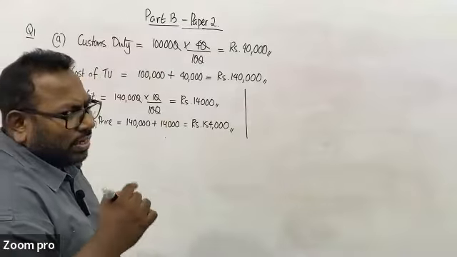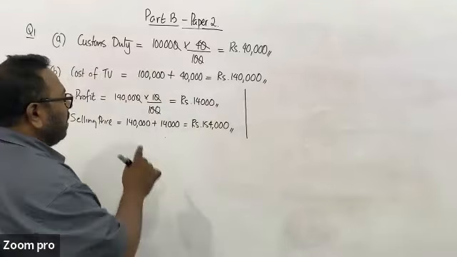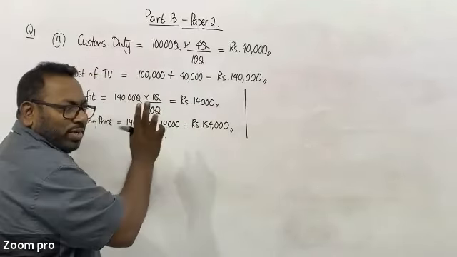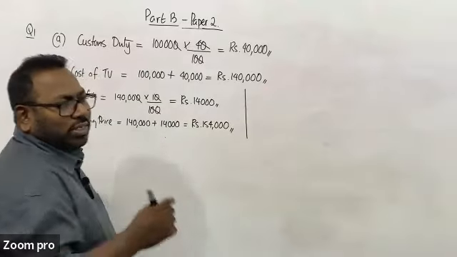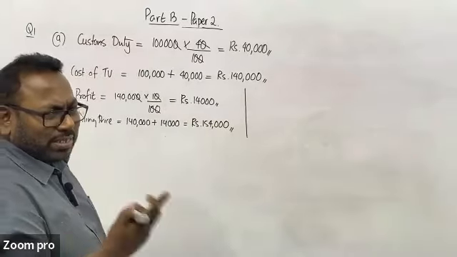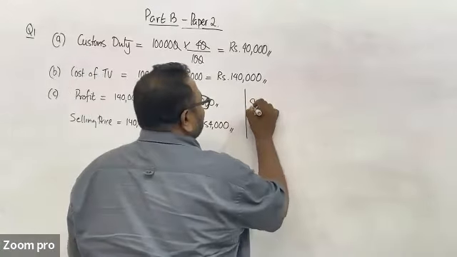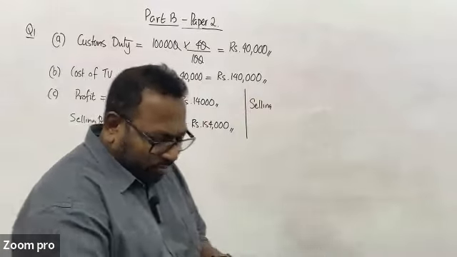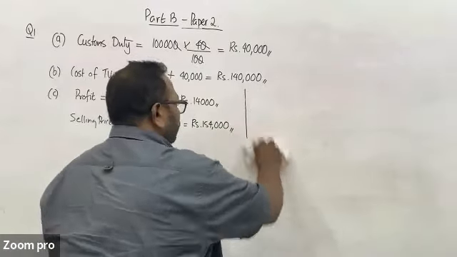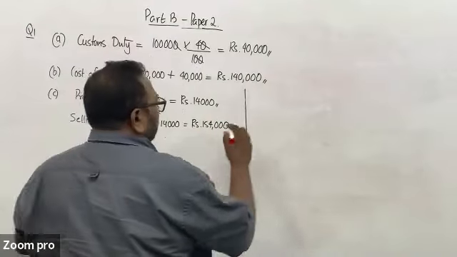I will do that in a little shorter way. How do you do this in one shot? Because here you are doing two calculations. We want to do one calculation. We want to find the selling price straight away. What is the selling price? Selling price, I want to do it in red. Okay.